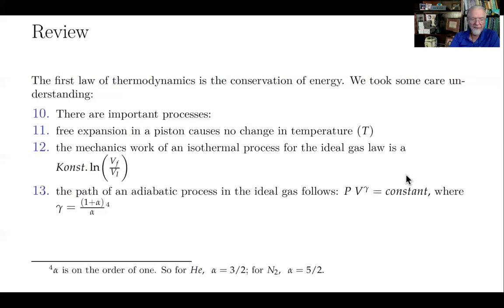Okay, for all gases we're going to discuss, we have alphas on the order of 1. For example, helium, alpha is 3/2, or nitrogen, alpha is 5/2. These are approximately 1 numbers.